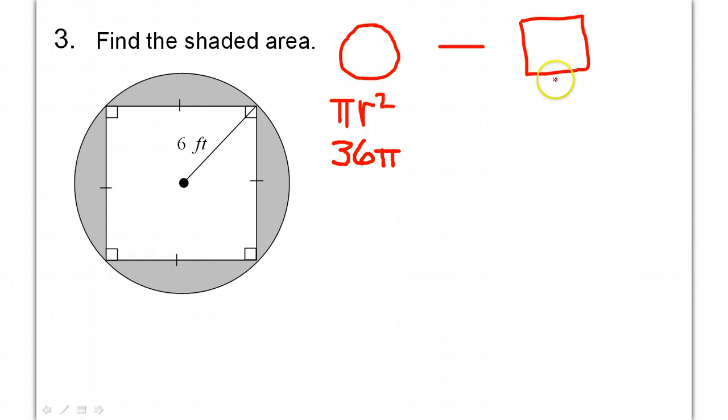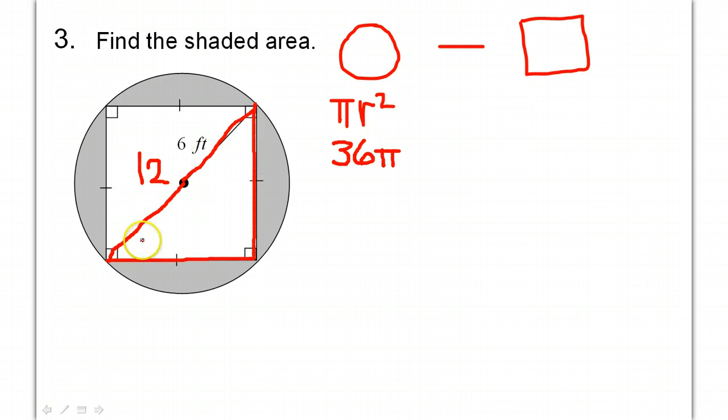Now, the area of the square is going to take a little bit more work. To calculate the area of the square, there are lots of ways to do it. One way is to think about the hypotenuse of this right triangle. Okay, so I've got this right triangle doing this. The hypotenuse is 12.